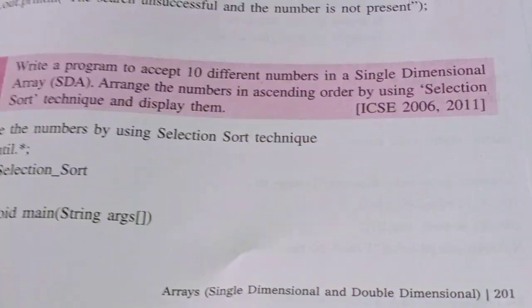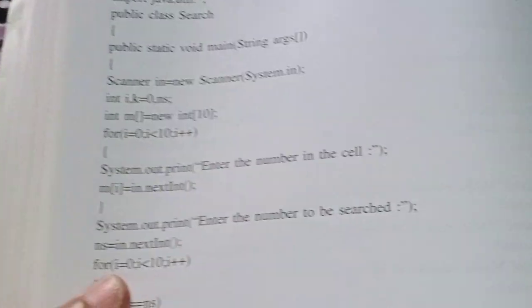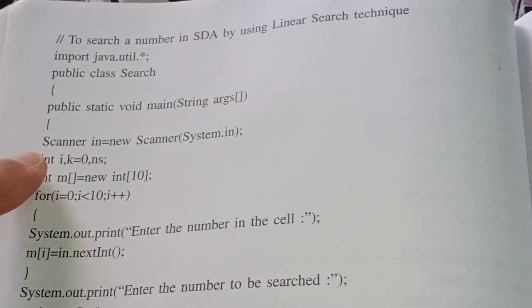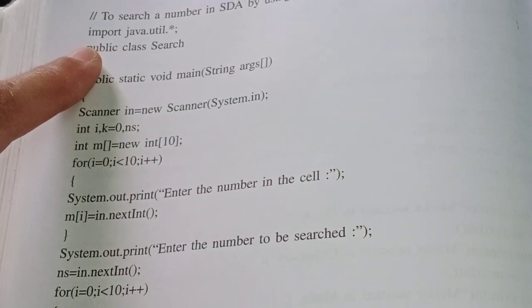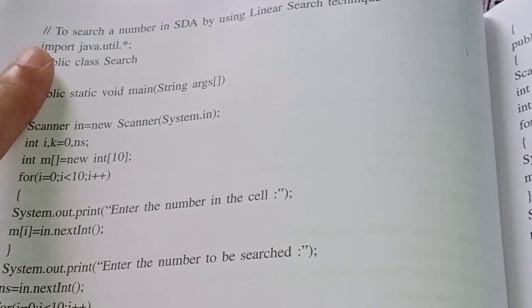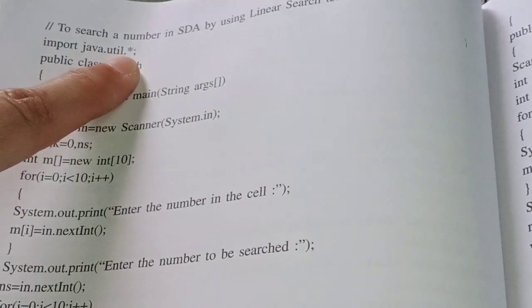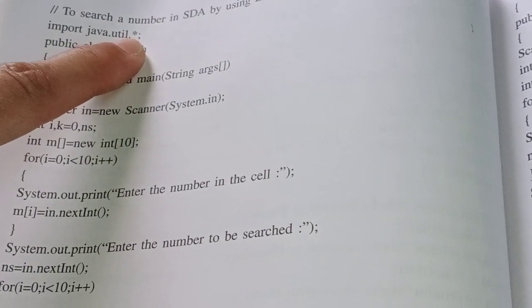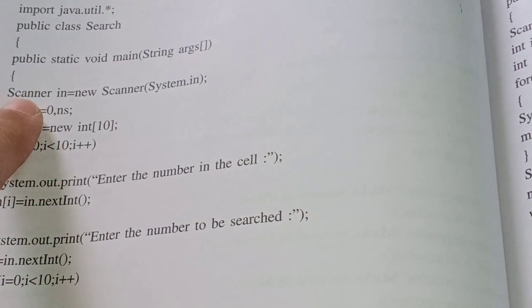So see the program. It is done with the help of the Scanner class. So import java.util.*. As you know, it is the package which will be used when we work with the Scanner.